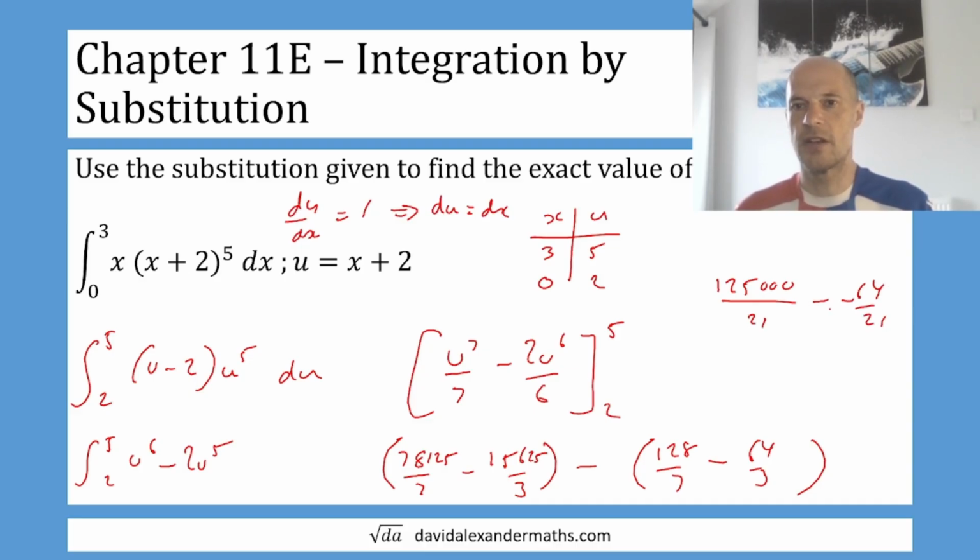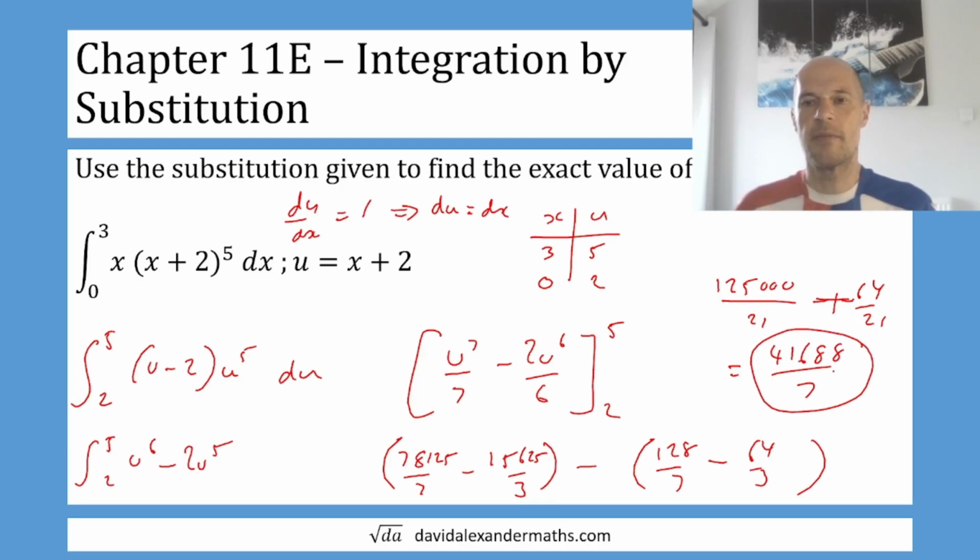So in other words, we are adding these two together. So 125,000 over 21 plus 64 over 21, and we're getting our final answer of 41688 over 7. There we go.